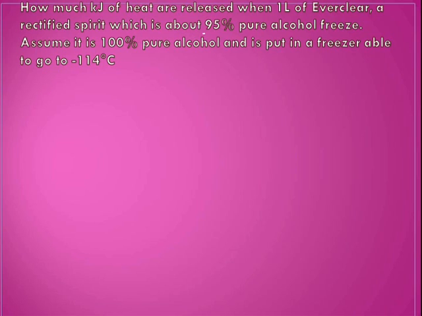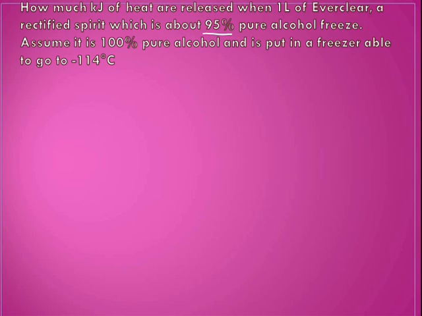Most of the alcoholic drinks that are purchased are much less than that. Beer is about 3 to 10% alcohol. Wine's about 15% alcohol. Some of your harder liquors, like whiskey and scotch, maybe 50, 60%. So 95% is almost pure alcohol.